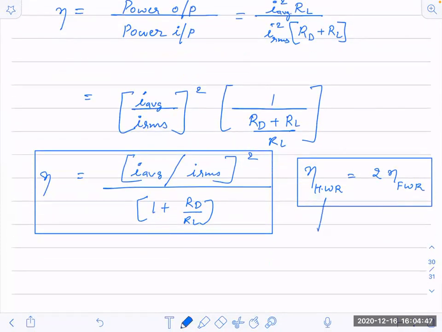Generally this value is somewhere around 40.6%, and the efficiency for the full wave rectifier would become 81%, somewhere around this. So if you remember these direct values, they may be asked to you. This is a simple thing only, not much difficult.